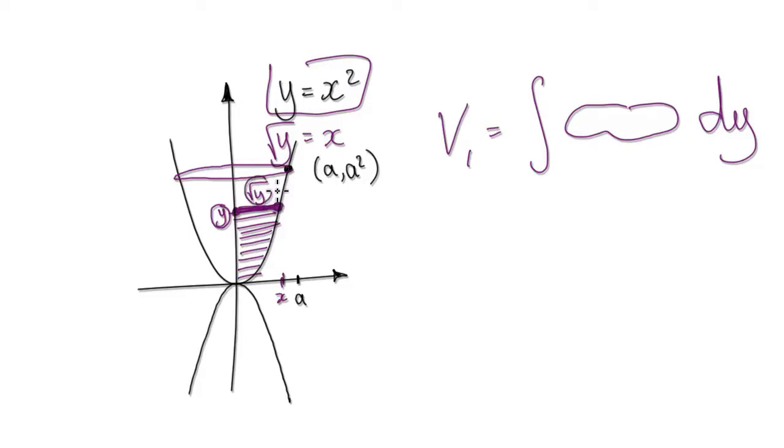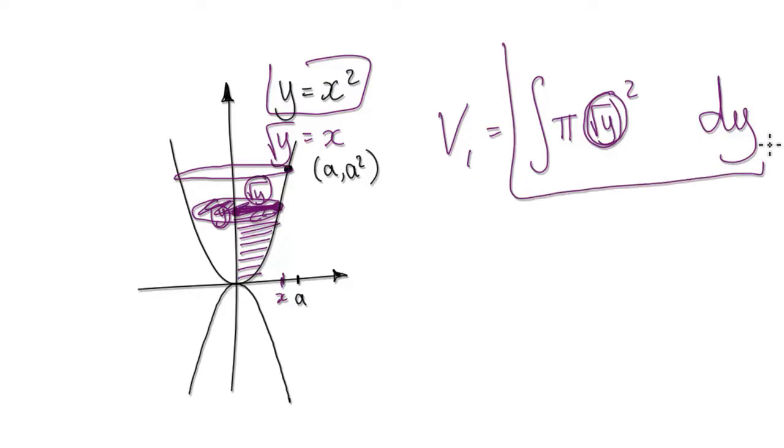Once you've got the radius, which was root y, quickly pi r squared it. That will give you the area of the disk, and you're really summing up all the disks from 0 to this height here.